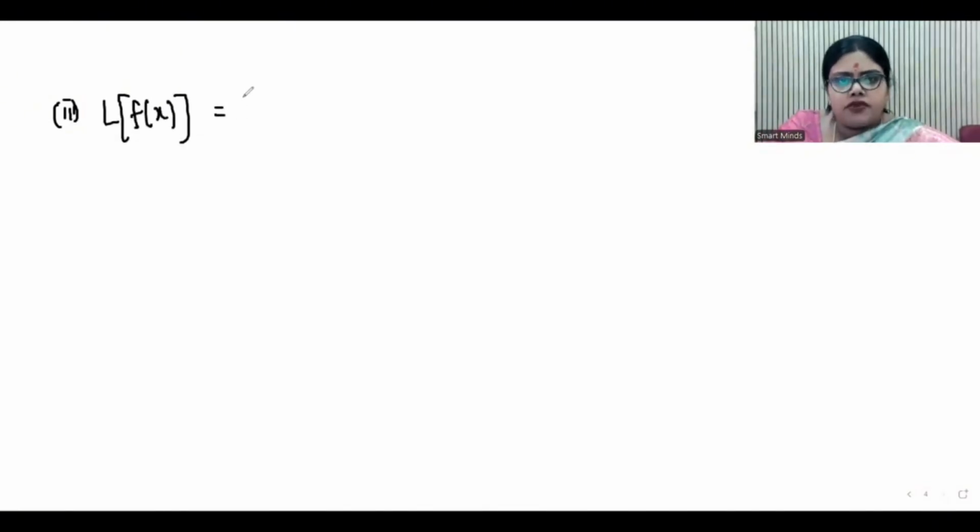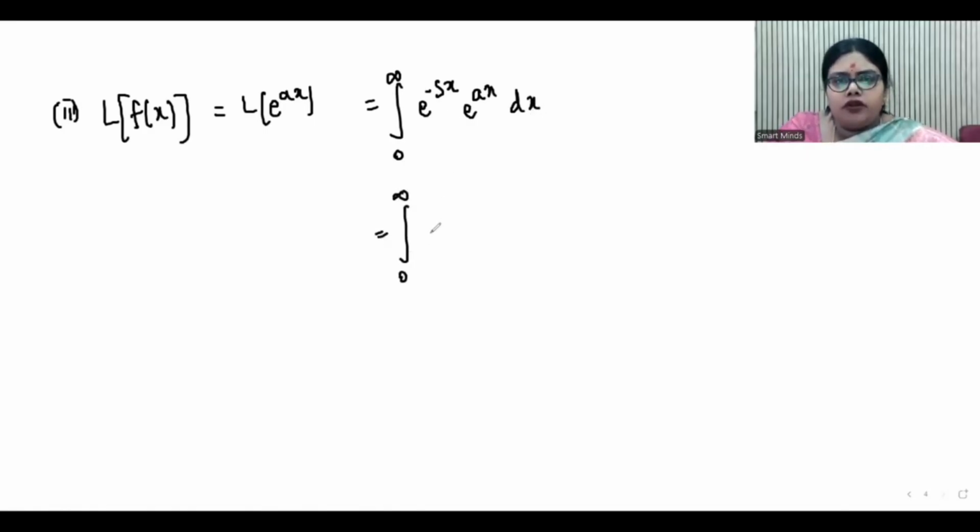Take the next bit. What is the third bit? F of x is equal to e power ax. So find L of f of x here. In the place of f of x, we can take e power ax. Now we'll apply the formula integral 0 to infinity e power minus sx into e power ax dx. Now here bases are same, we can add the powers. 0 to infinity e power minus of s minus a into x dx.